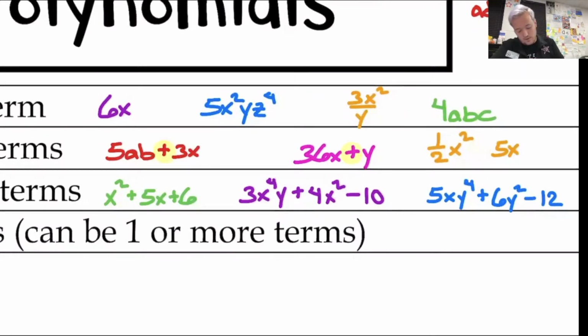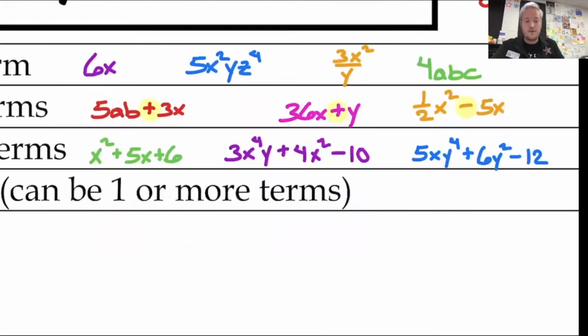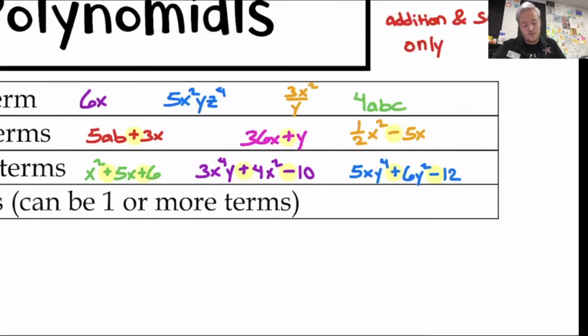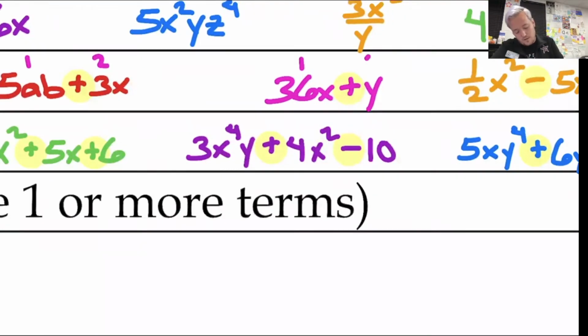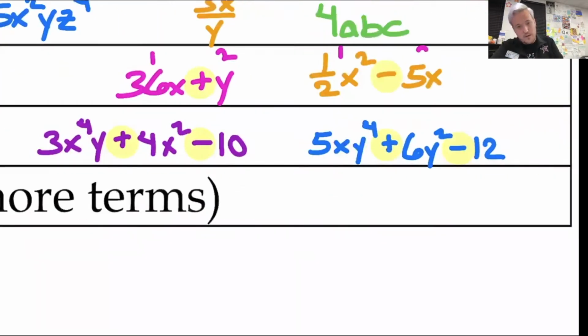So I can change this to minus, and it's still a binomial. Now if I look at a trinomial, we have three terms, which are separated by addition or subtraction. For example, in the binomials, I have my first term here, second term here, first term here, second term here, first term here, second term here.